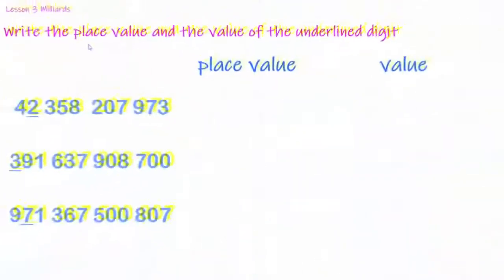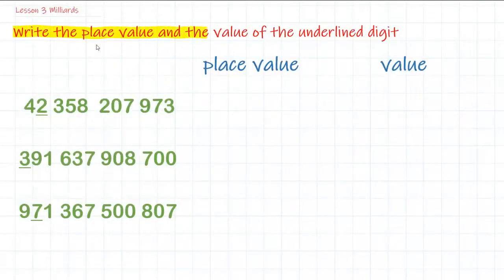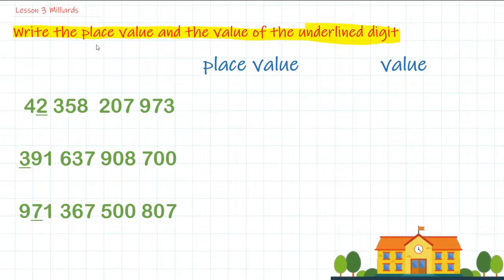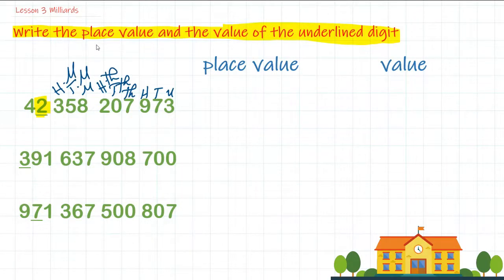Okay. Now let's write the place value and the value of the underlined digit here. The underlined digit here is 2. Okay, as we said before, you have to write each place value to get the place value of the underlined digit. So the place value of the underlined digit here is milliard.